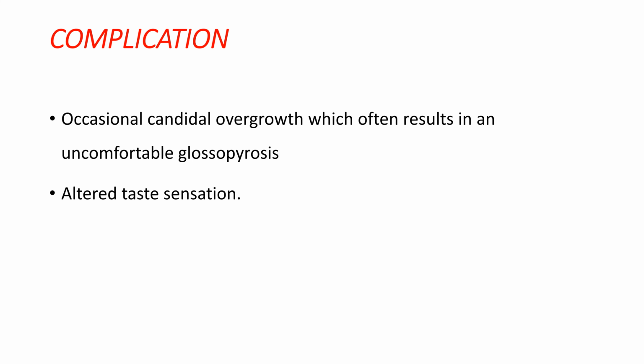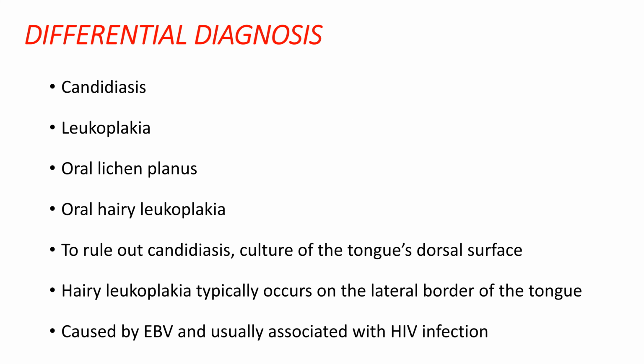The only complication associated with hairy tongue is occasional candidal overgrowth, which often results in an uncomfortable glossopyrosis, that is, a burning tongue. Altered taste sensation is a rare complication in hairy tongue.